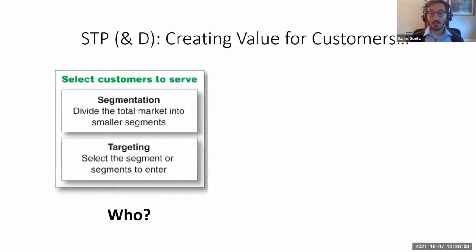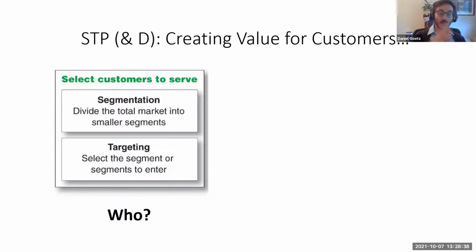Right, the idea is with segmentation and targeting, you're answering who do you want to serve? Who are the customers that we are creating value for? So we segment, we divide the total market, all customers, into small groups based on some kind of observable characteristic or based on some important benefit, or we'll see a bunch of different ways to segment.